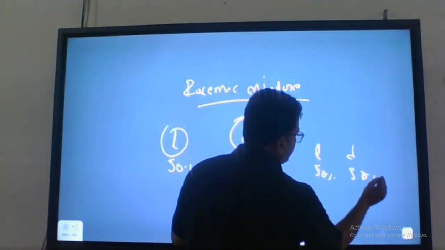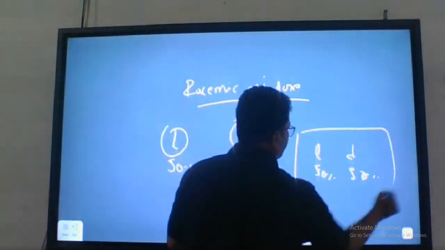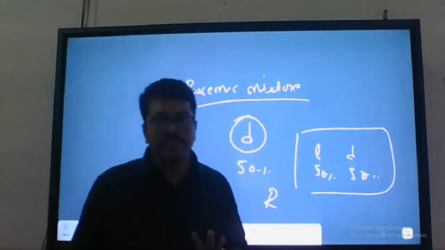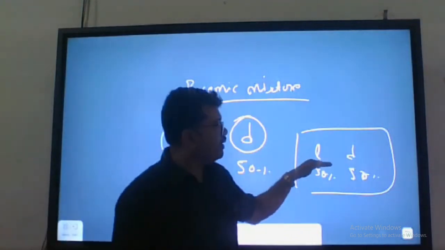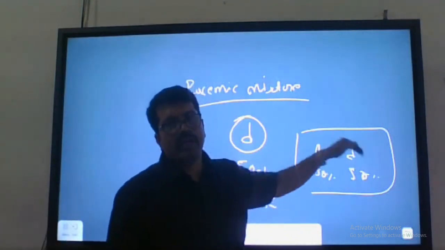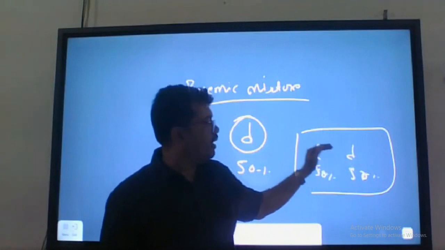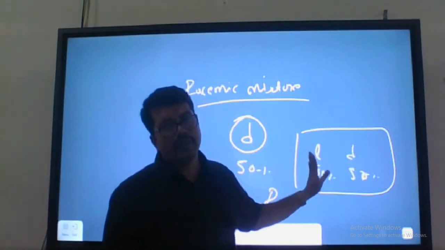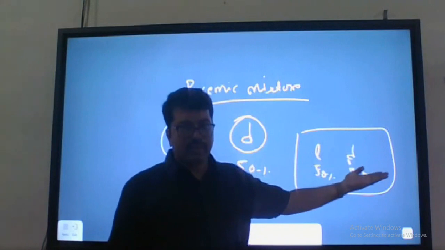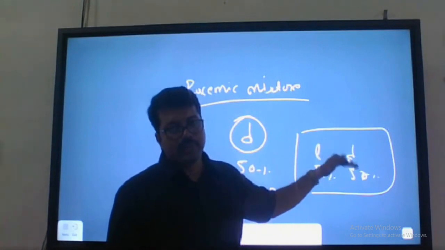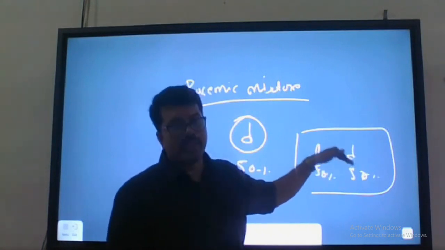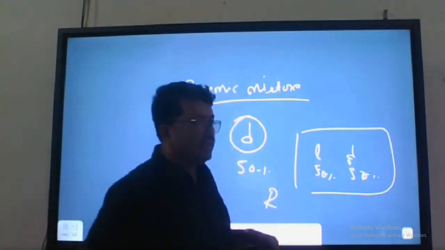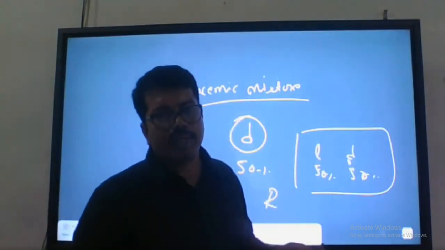When both are 50-50, we call the mixture a racemic mixture. A racemic mixture is one with equal amounts of left and right, levorotatory and dextrorotatory, 50-50%. These are enantiomers of a chiral molecule.